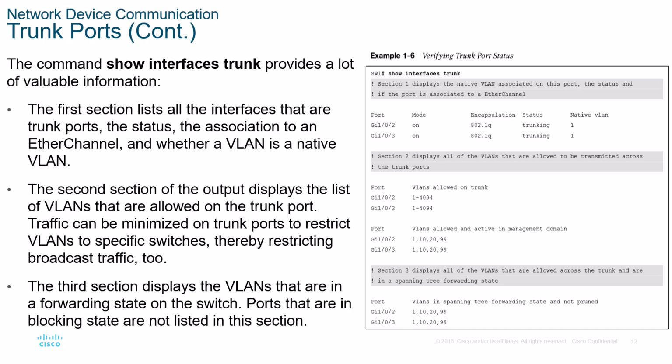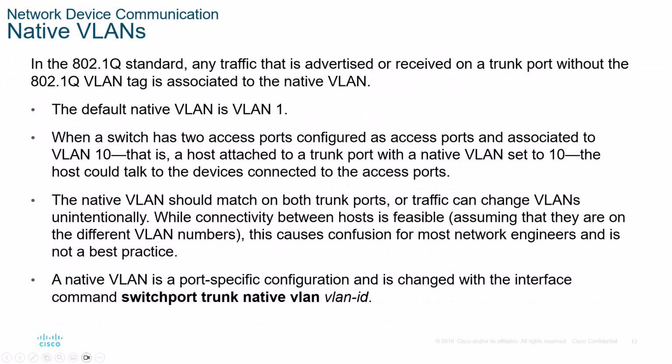All right, moving past, we need to look at this native, because here's our management. Here's our native VLAN, meaning what? What's the purpose of the native VLAN? So, the native VLAN, according to the 802.1q standard, all traffic that's not advertised or received on a trunk port without an appropriate VLAN tag will be tied to the native VLAN.